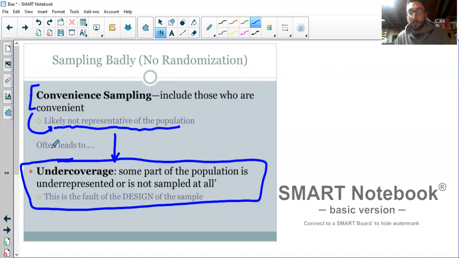They're going to be underrepresented. They were undercovered because we were lazy and didn't feel like collecting a random sample, whether simple random, or stratified, or cluster, the way that we were supposed to. So undercoverage is what it sounds like. We miss some people in our population, but the key thing is that it's our fault. It's our method leaving out some part of the population.